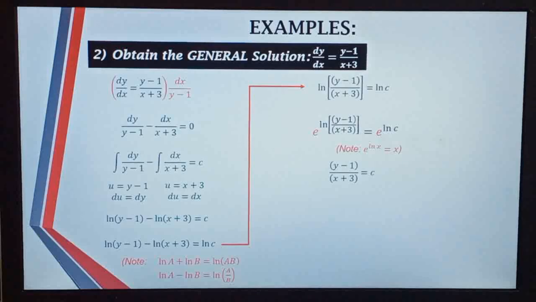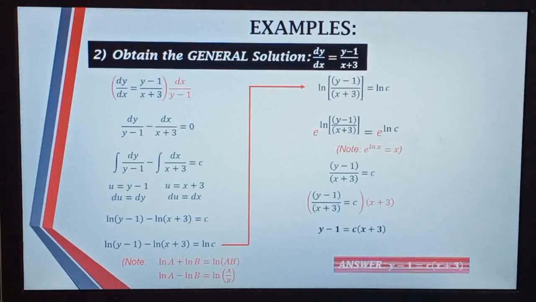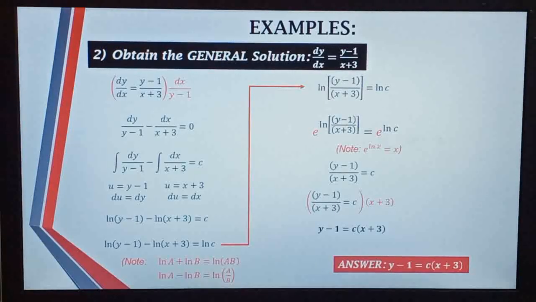All we have to do is to simplify the equation by multiplying the whole equation by x plus 3. So, ang magiging equation na natin ngayon is y minus 1 equated to c multiplied to x plus 3. So the final answer for this problem is y minus 1 equals c multiplied to x plus 3.